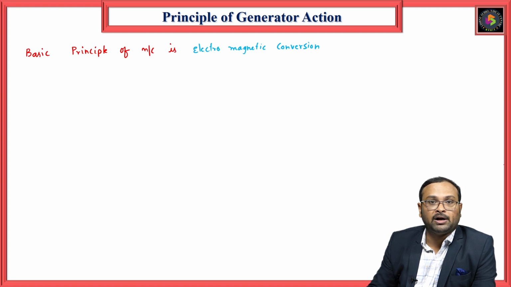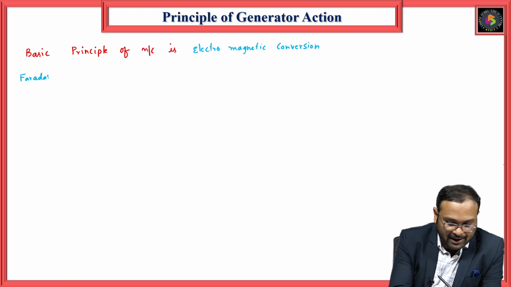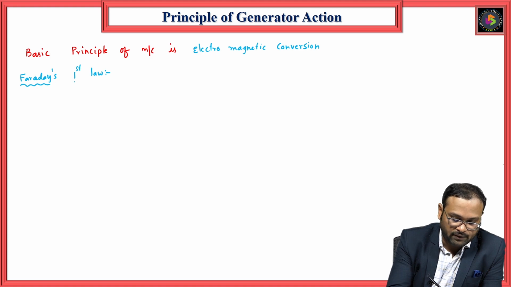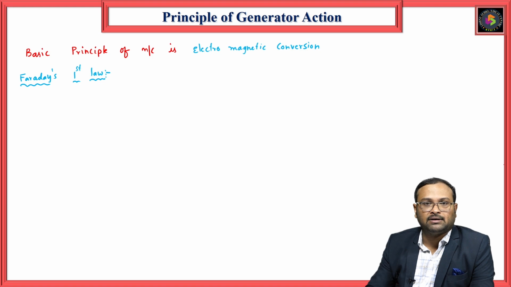It depends upon two laws derived by the father of electricity, Faraday. He explained two laws. The first one is Faraday's first law. According to Faraday's first law, whenever a conductor cuts the flux, it will induce an EMF.